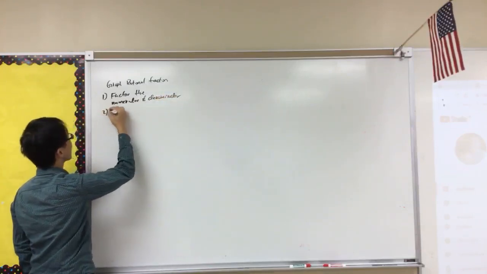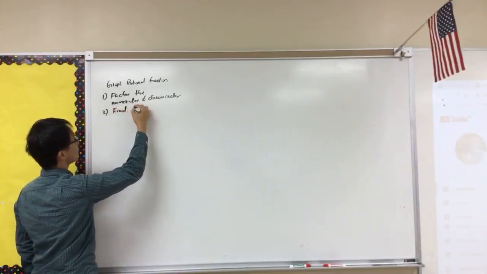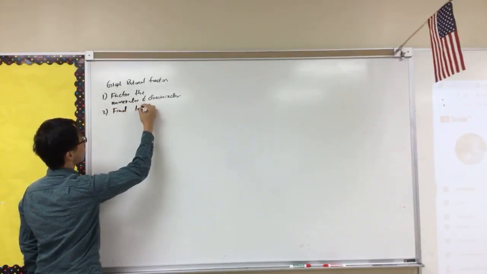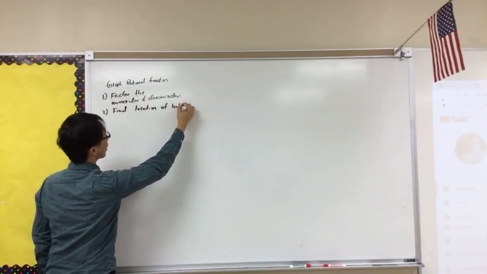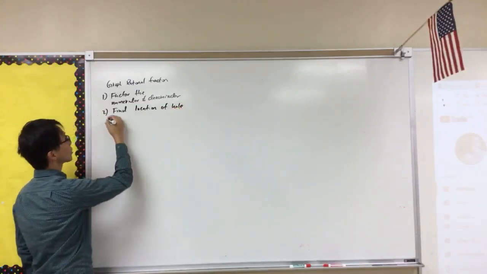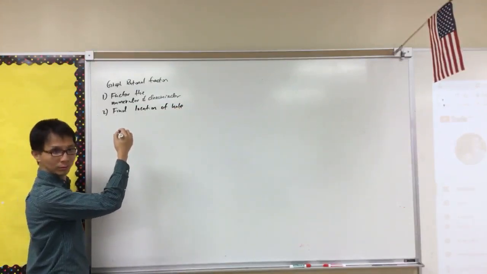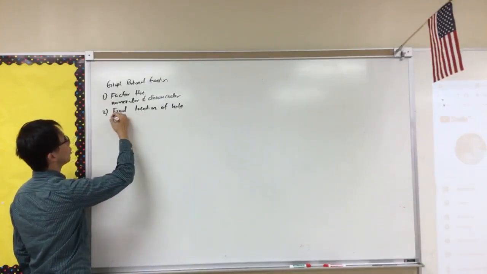The second step is to find the location of the hole, if there's any. And we talked about the hole having a different name. It's called removable discontinuity. So find the location of the hole.